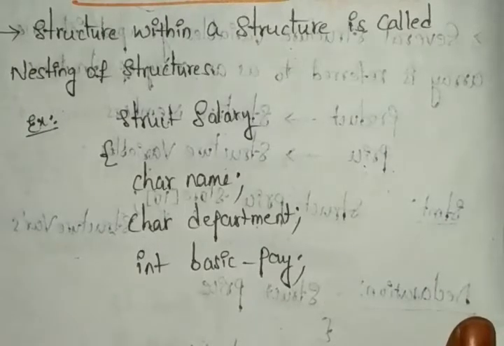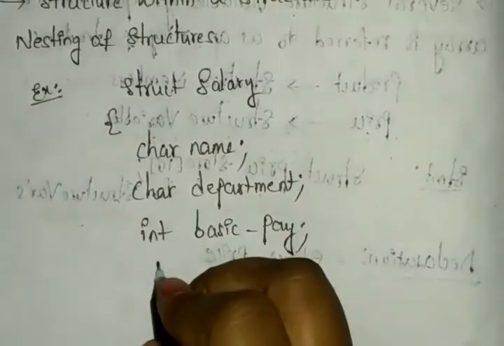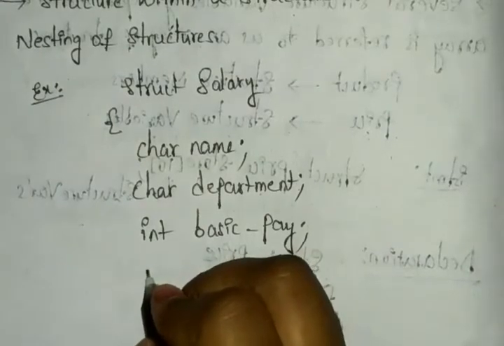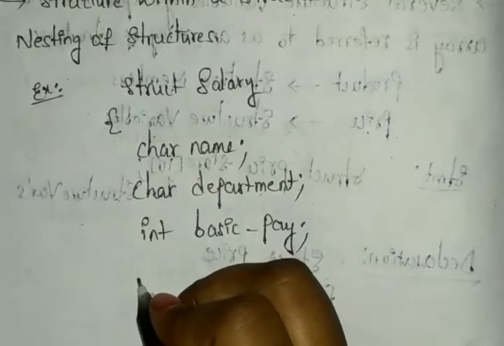The person has three types of allowances: journeys, house rent, and city. Each is an amount, so it also has the integer data type.